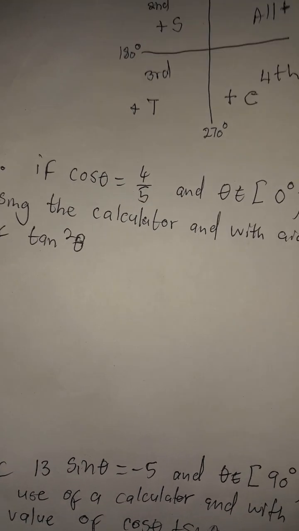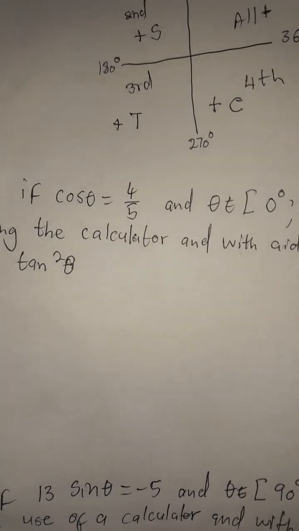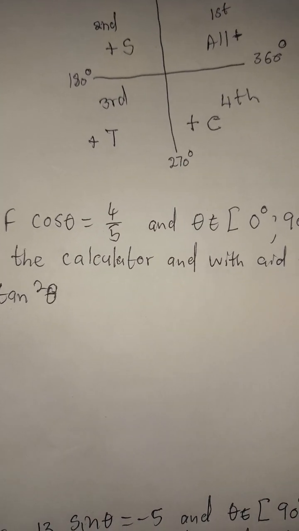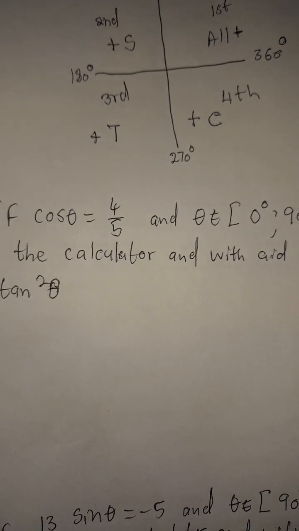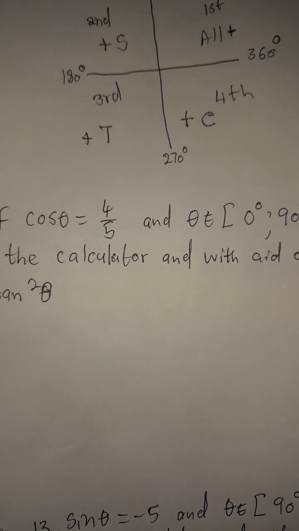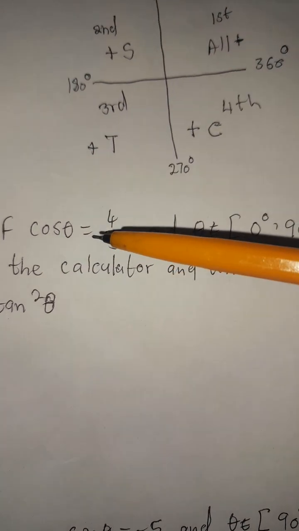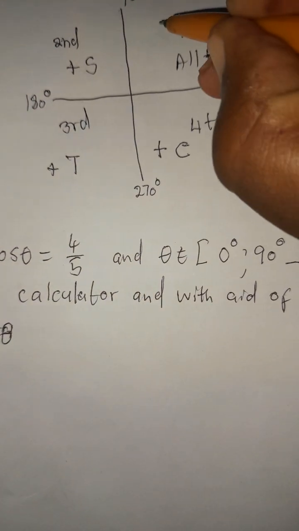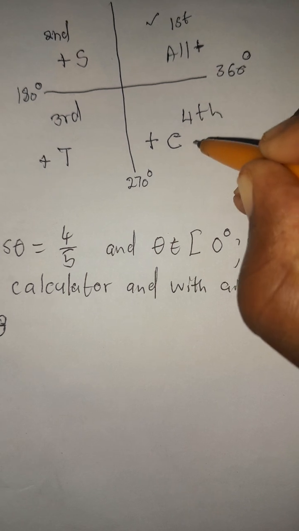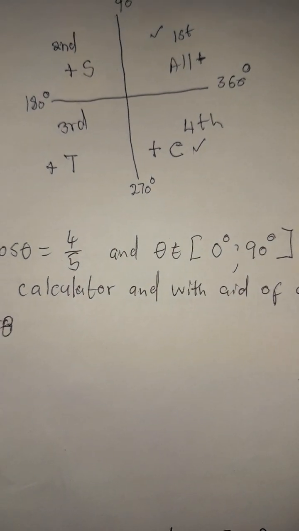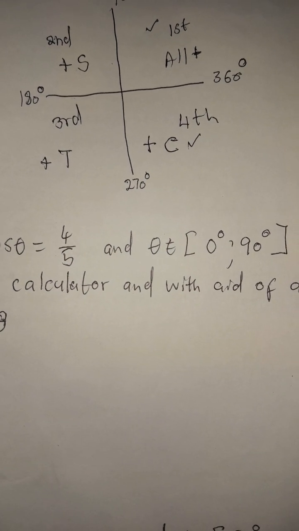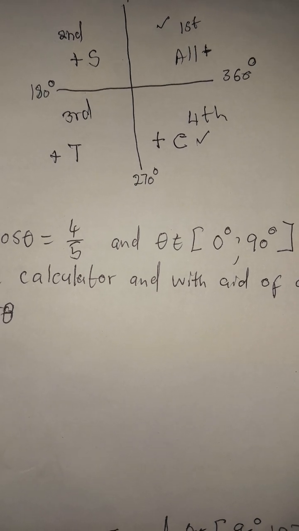In number 1, we are given, guys, that cos theta is equal to 4 over 5. You can see that this is where cos is positive, it's not negative. So our diagram can be here and also here, right? It can be in the first quadrant or in the fourth quadrant.